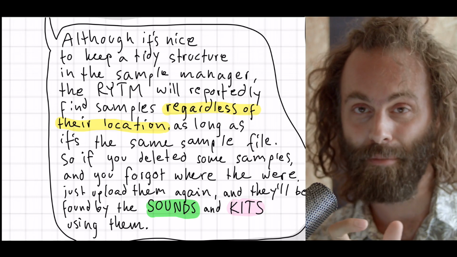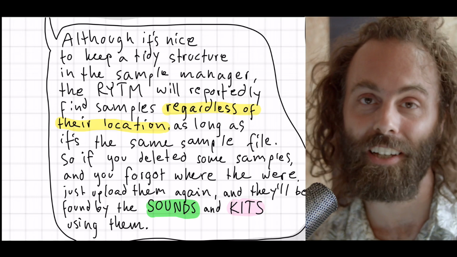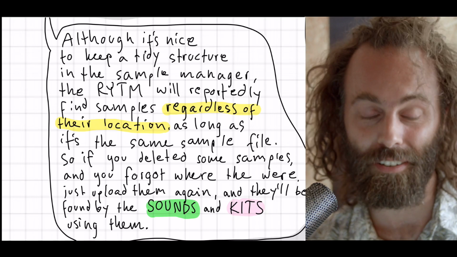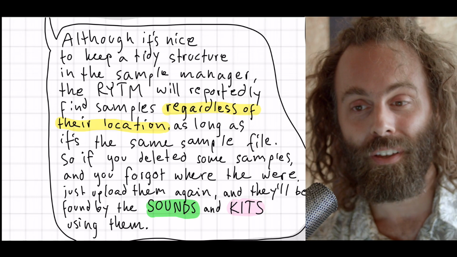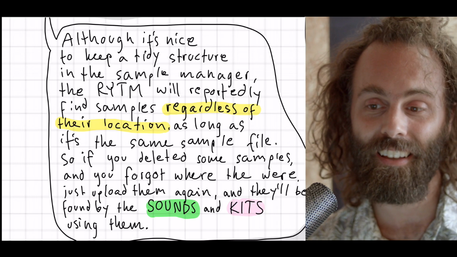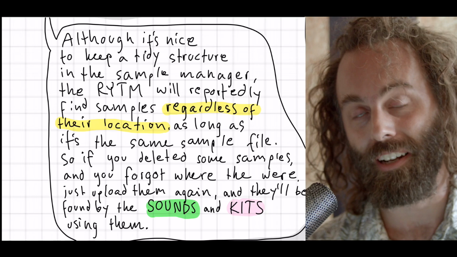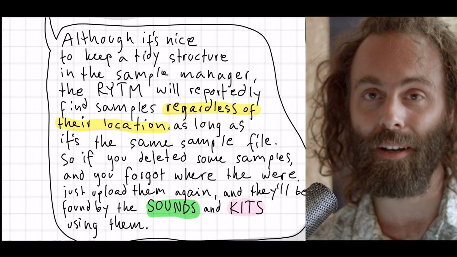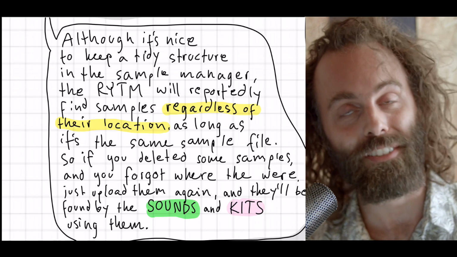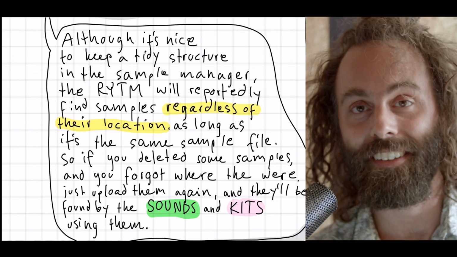It's using the sample ID. If it's the exact same sample, it'll find it. That could be a very good thing to know if you suddenly end up in a place with a new analog Rytm, and you need to load it up with your custom samples. Then you can just throw them in there, and you're good to go.